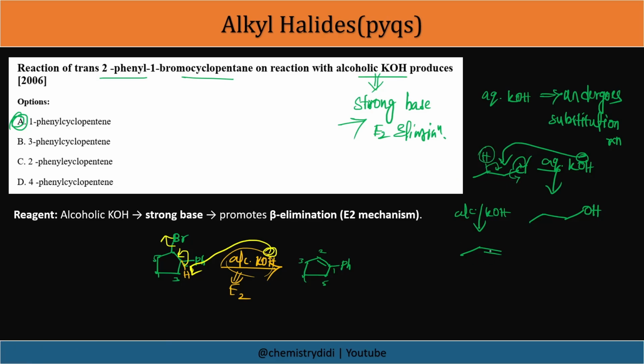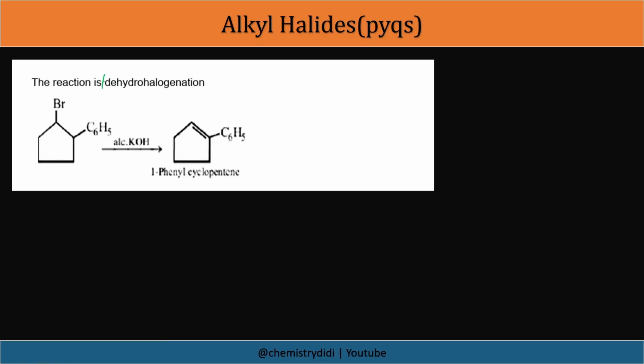So we'll get this alkene. I hope you have got this difference, alcoholic KOH and aqueous KOH. This is generally called dehydrohalogenation. We are removing this hydrogen part and the bromine. That's why it is dehydrohalogenation.